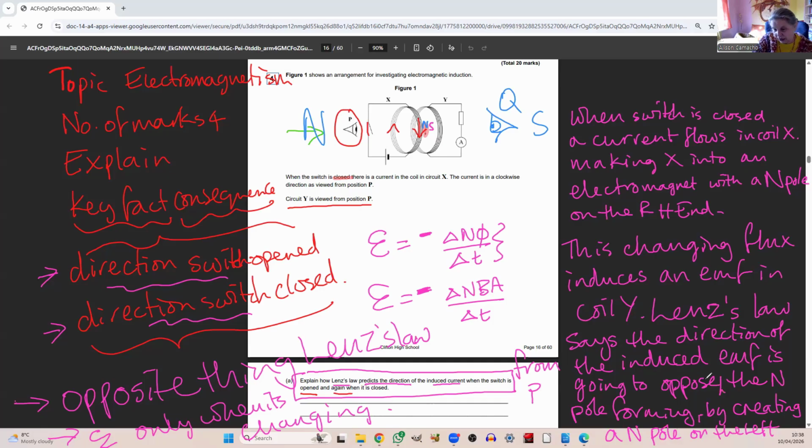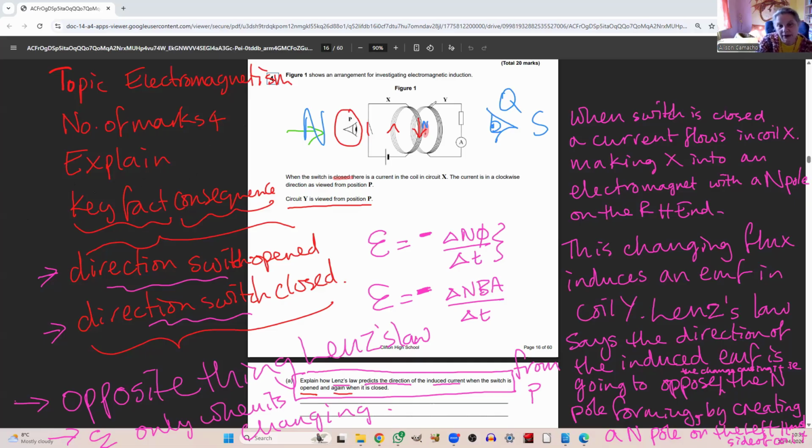I suppose we could write the change causing it, i.e. the North Pole forming. And then by creating a North Pole on the left-hand side of coil Y. So you can then say that the current in coil Y, when viewed from point P, is going to be, well, which way?